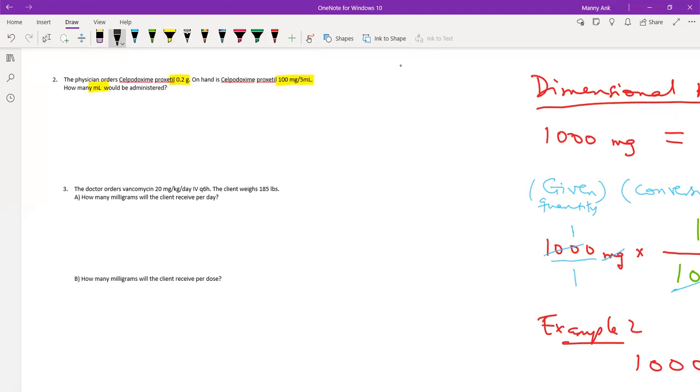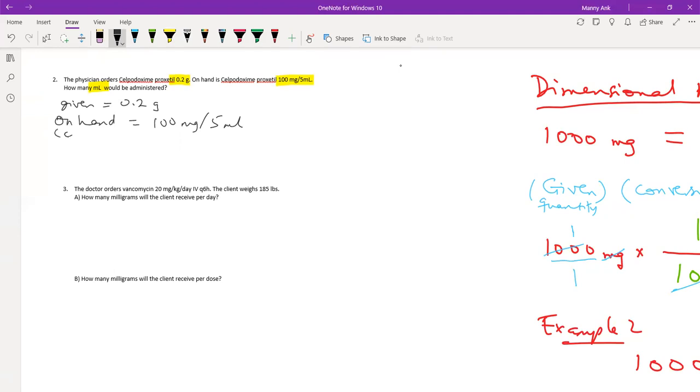So our given quantity is 0.2 grams. Our conversion factor is going to be the on hand, 100 milligrams per 5 ml.